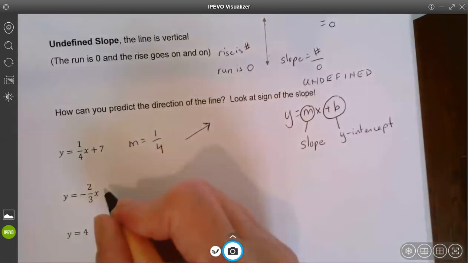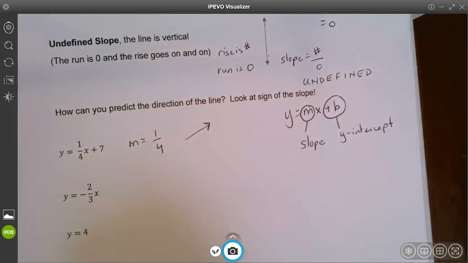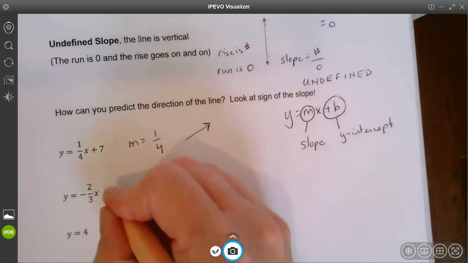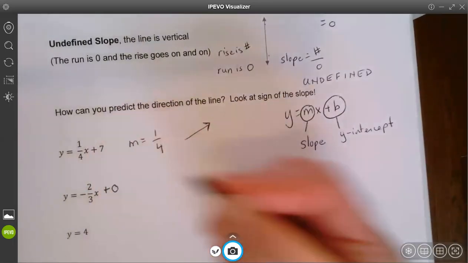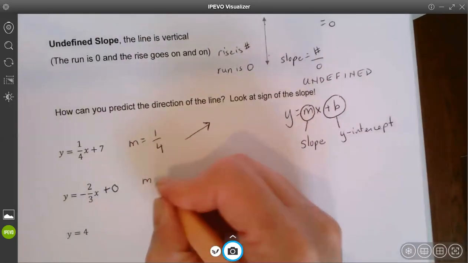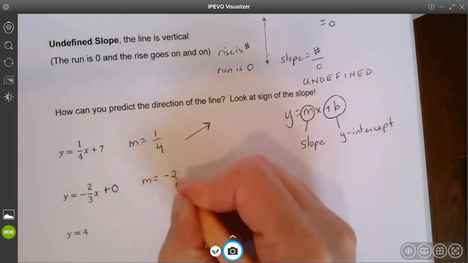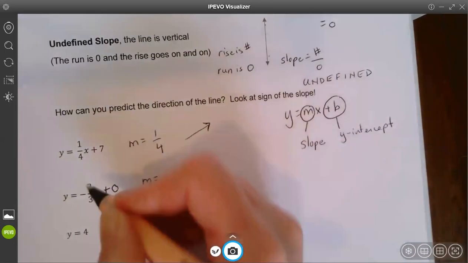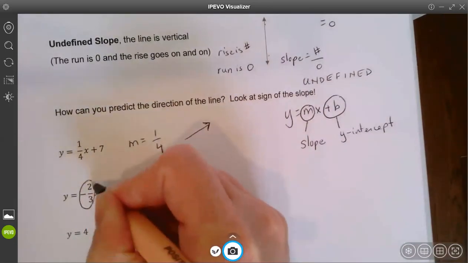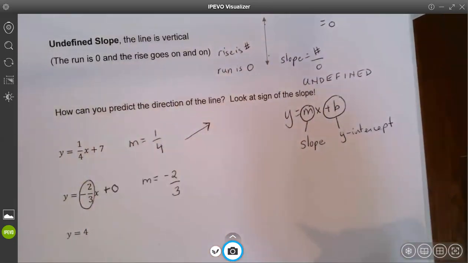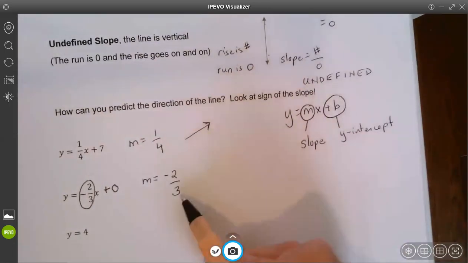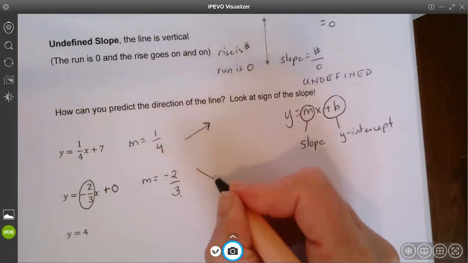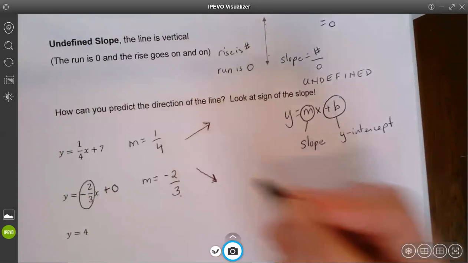In the next one, this is in fact y equals mx plus b because we have a zero here, which means our y-intercept is at zero. But we are interested in looking at the slope. The slope, again, is the numeric coefficient in front of x. So our slope this time is negative, so our line has to be going downwards.